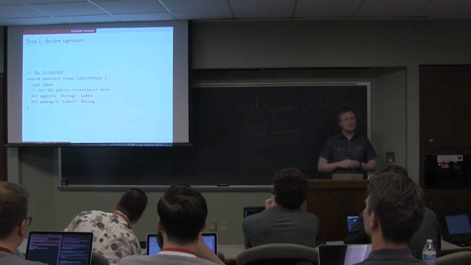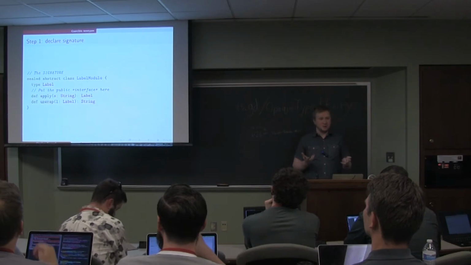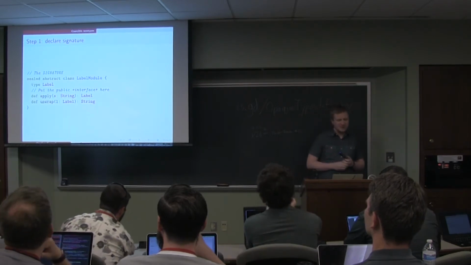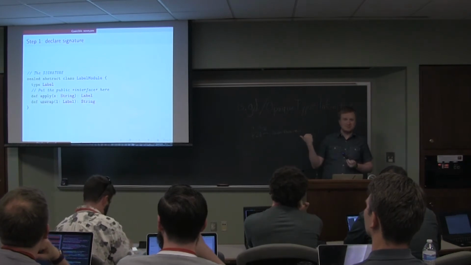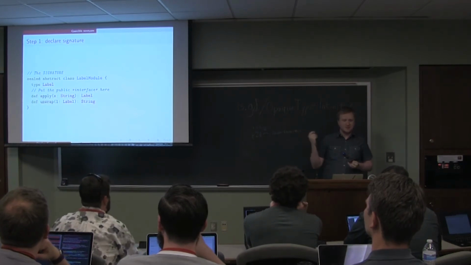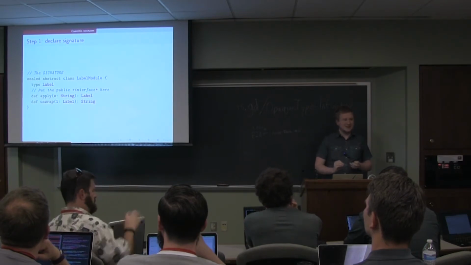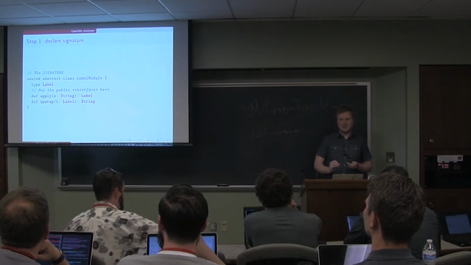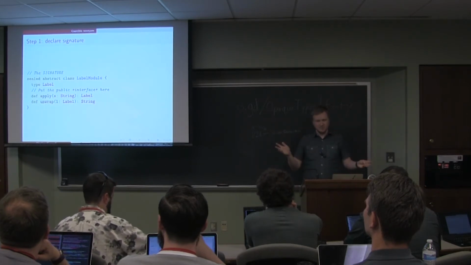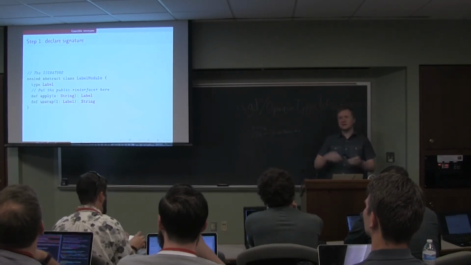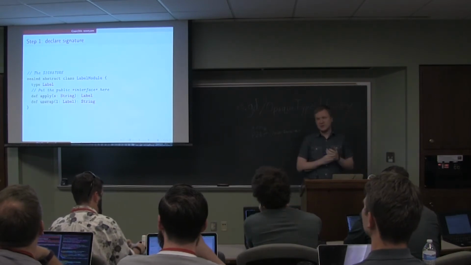The signature declares what is publicly visible about your opaque type. In this case, the opaque type is label. Because we want it to be opaque, we can't say anything about what label is here in the signature. We just have to say there's a type label, and we have some primitive functions that we can use to work with that type.